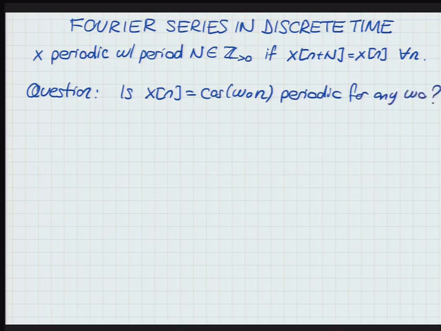What do you think? My questions are usually trick questions. So whatever you think the answer is, say the opposite so you can impress people. So what do you think? Let me rephrase the question. Is cosine of n periodic?